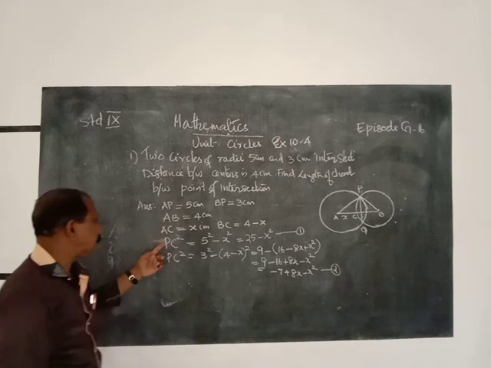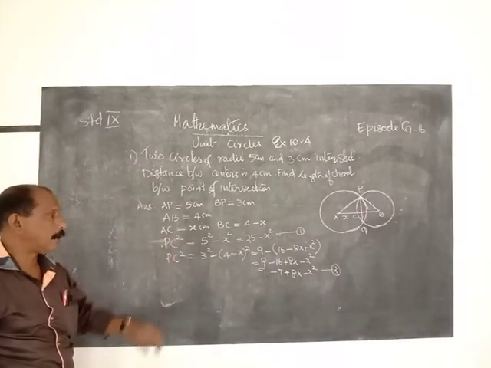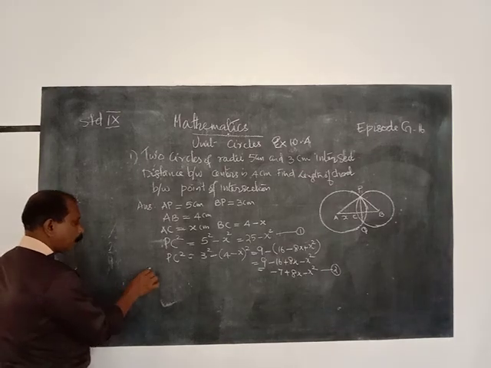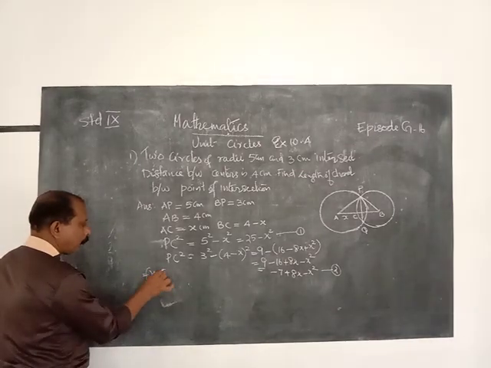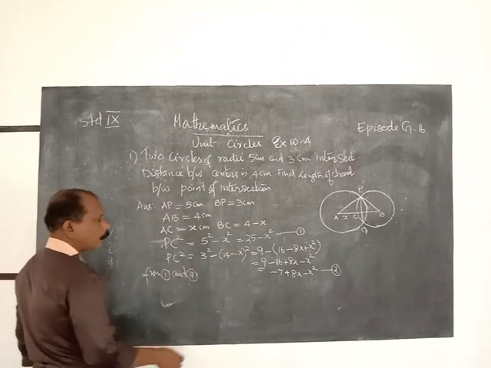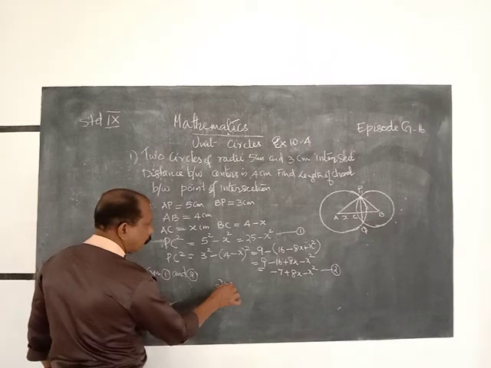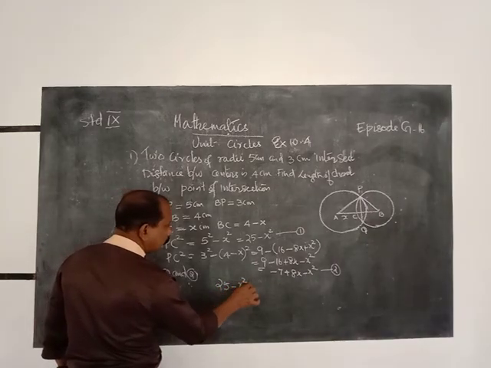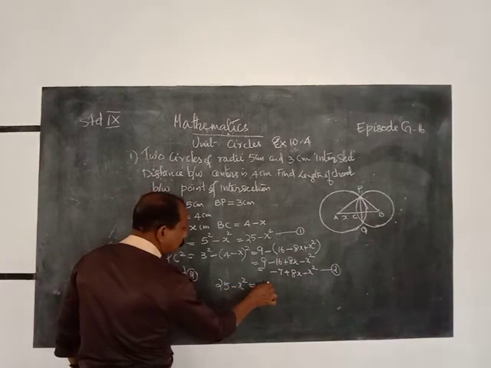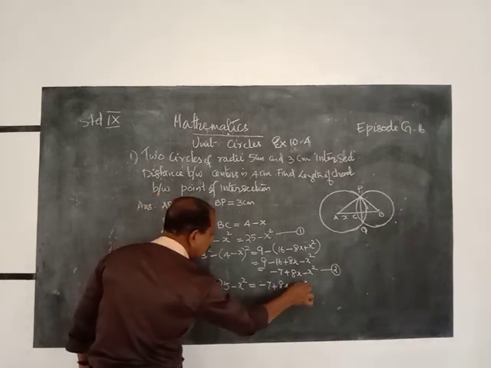We know that the left hand sides of the first and second equations are equal, therefore the right hand sides are equal. Therefore, from 1 and 2, 25 minus x square is equal to minus 7 plus 8x minus x square.